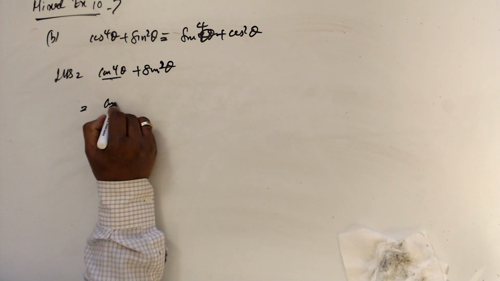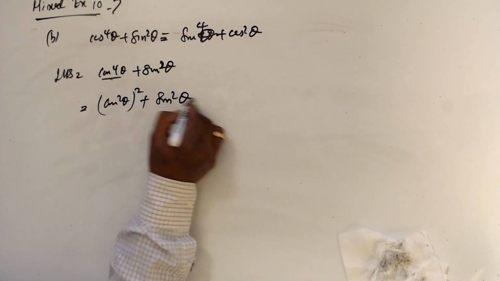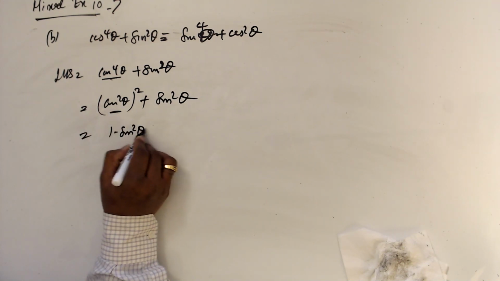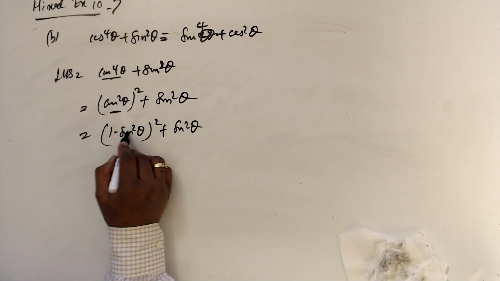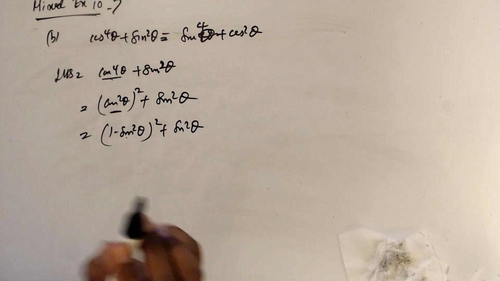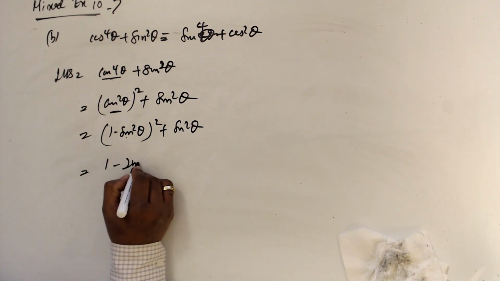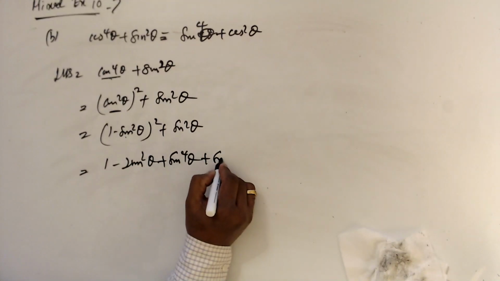So if I write cos square theta squared plus sine square theta, then this one I can write as sine square theta squared, sine square theta. Then I know that I can make sine 4. So that's all my task now.